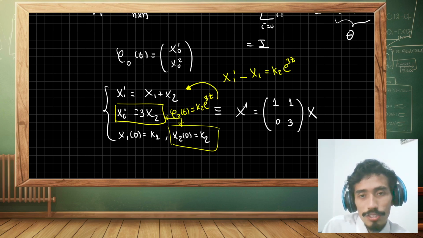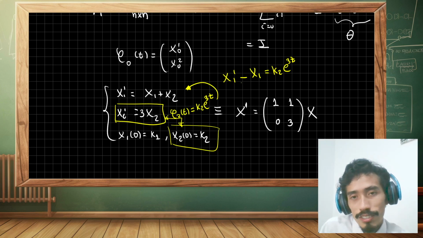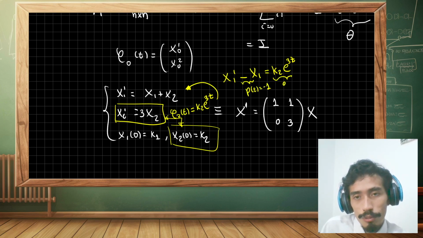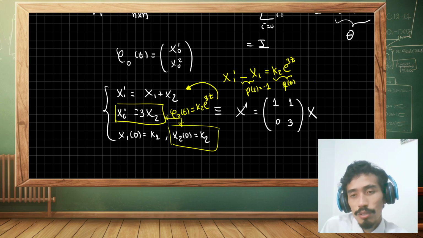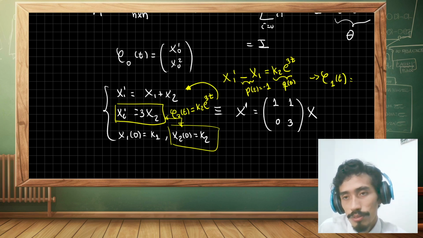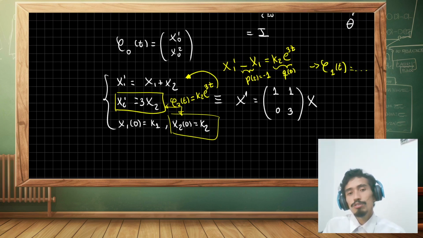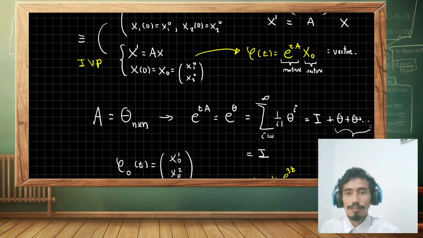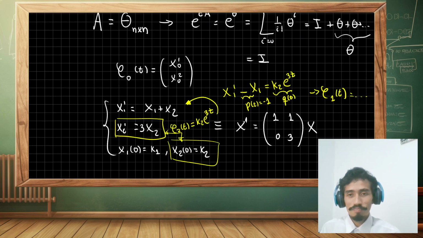So you know how to solve this. You identify this as a function p(t) equal to -1, and this will be q(t), and the solution will be in terms of the integral of this one, and you know what follows. So you solve this without the need of the exponentiation of a matrix.